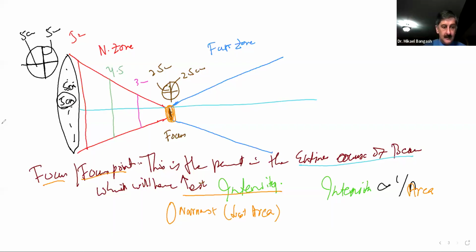The max intensity in the beam, where would that be? That's your spatial peak intensity.